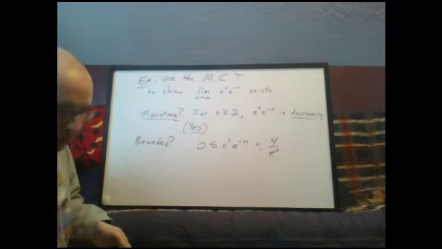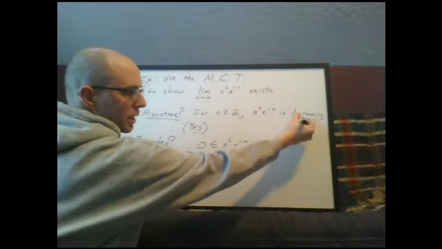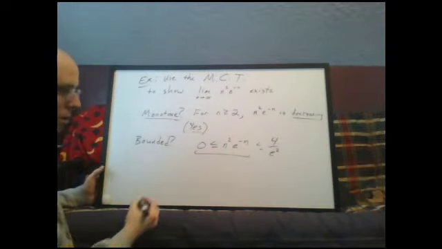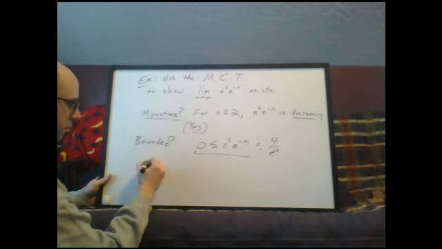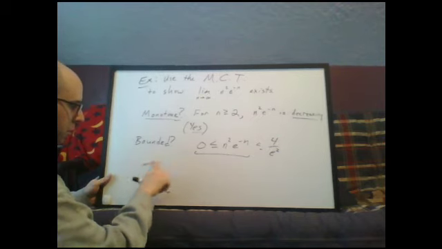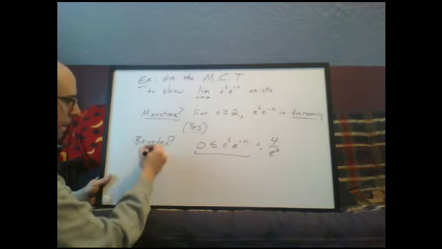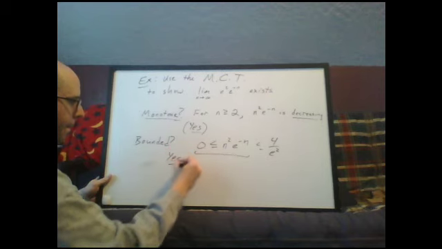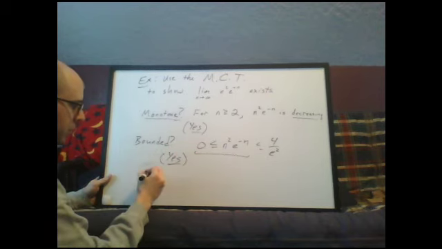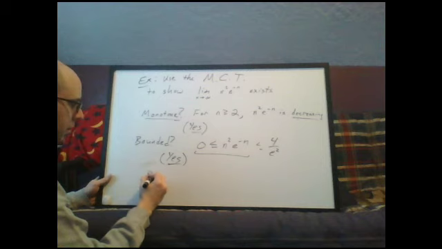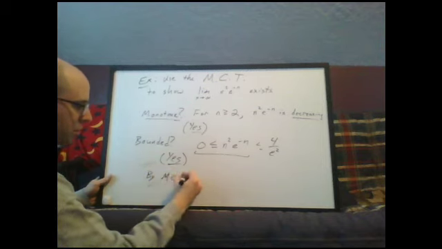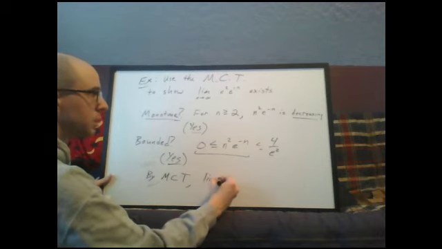But like I said before, once we had decreasing, I really only need the lower bound. So it's decreasing and bounded below. So therefore, by the monotone convergence theorem, the limit exists.